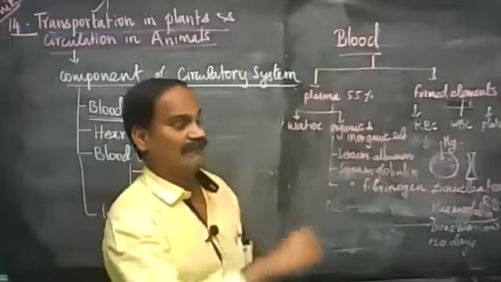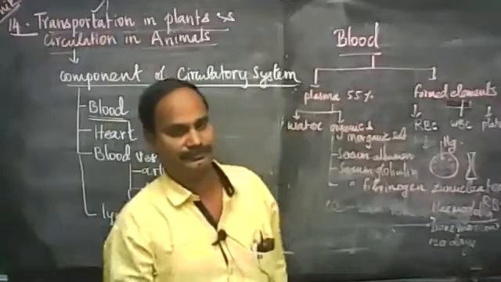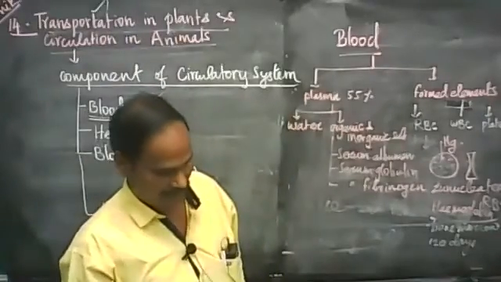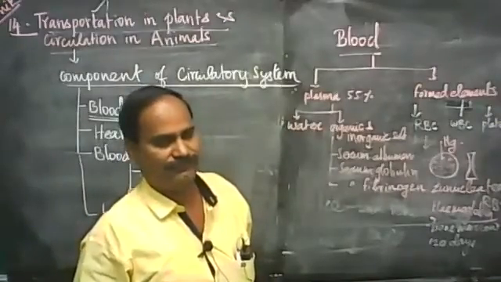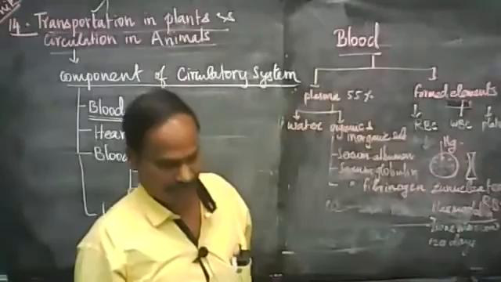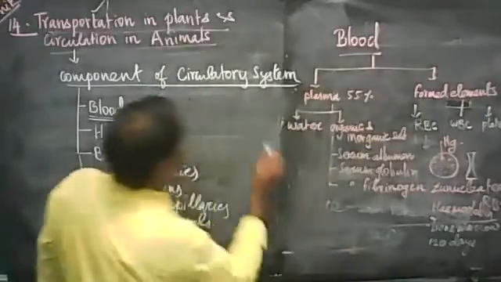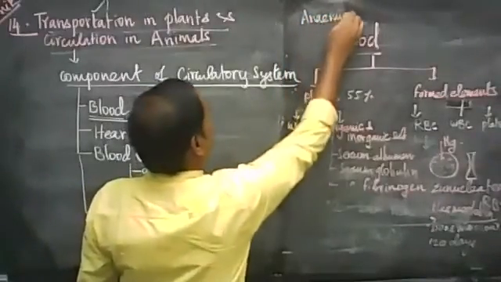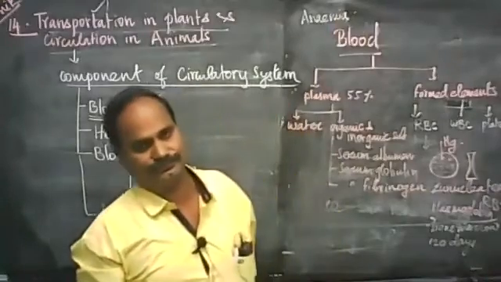If the RBC number is very low, we will have anemia. You know well the meaning of anemia. Anemia is nothing but RBC being very low. So it leads to a lethargic condition. We are not so active. Lethargy.